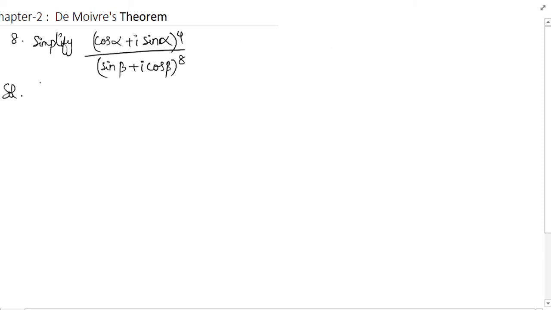So now we'll find the solution for the eighth one. Simplify (cos alpha plus i sin alpha) to the power 4 divided by (sin beta plus i cos beta) to the power 8.